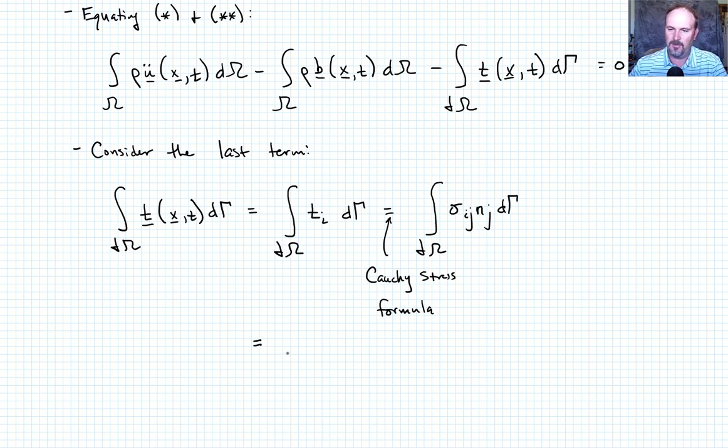So that ends up looking like the integral over omega, not the boundary of omega, of the partial of sigma_ij with respect to x_j. And now instead of d gamma, it's over d omega. In the shorthand that we've been using in this class, we would write that as sigma_ij comma j d omega.